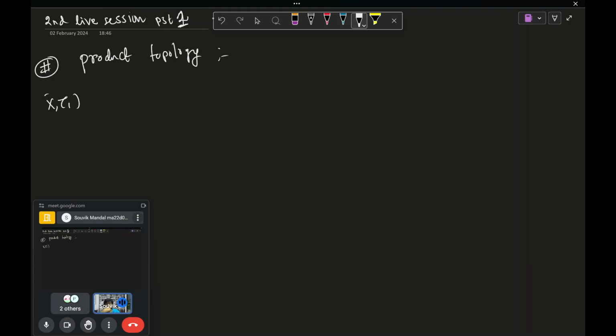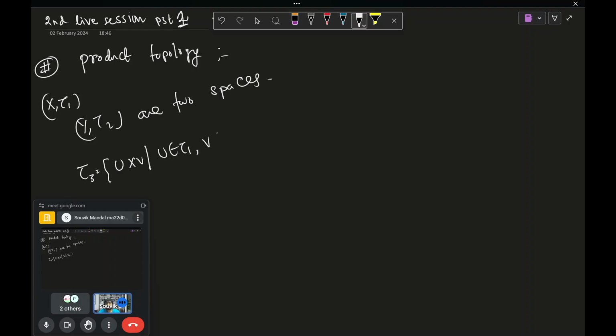Suppose (X, tau 1) and (Y, tau 2) are two topological spaces. Then we can define tau 3 as the sets U cross V, where U belongs to tau 1 and V belongs to tau 2.